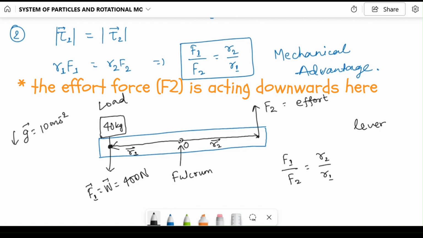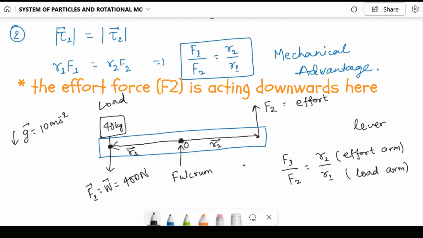This length R2 from the fulcrum is called the effort arm in the case of a lever, and this R1 is called the load arm.